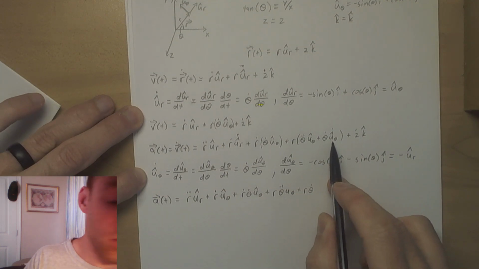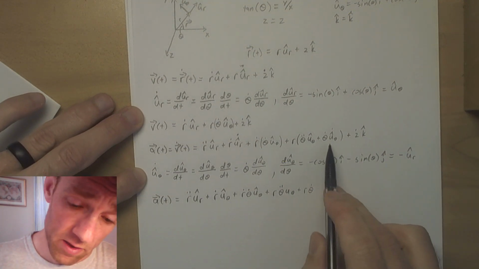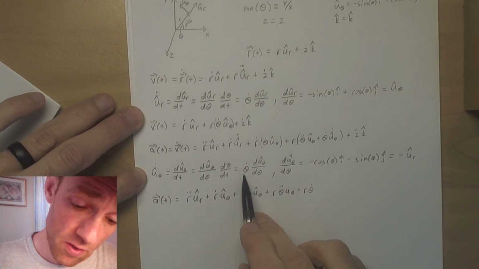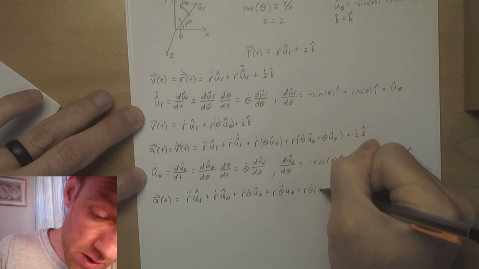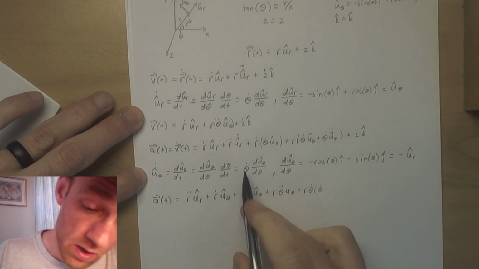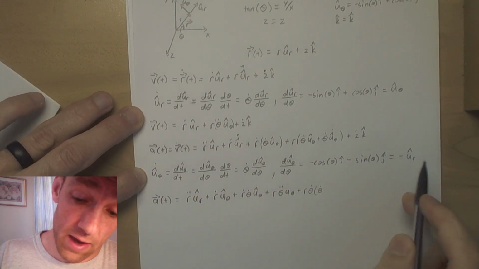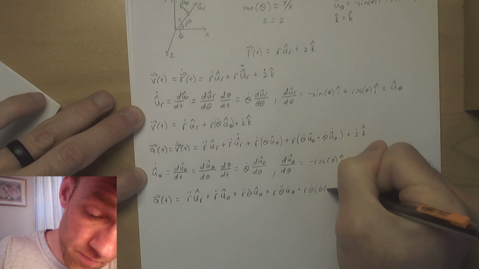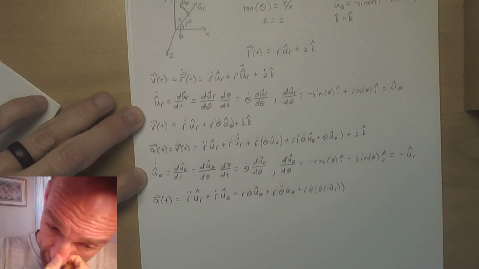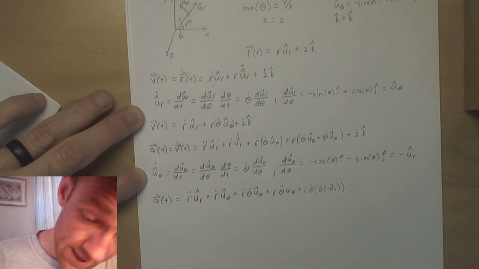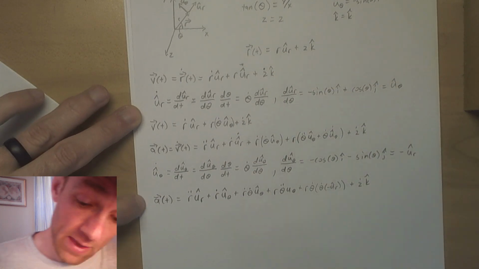The time derivative of u sub theta, we calculated here, so that's theta dot times the derivative of u sub theta with respect to theta, which is just negative u sub r. And then the z dot comes along for the ride.